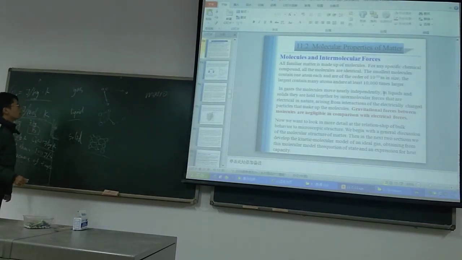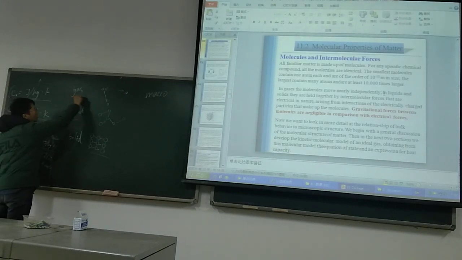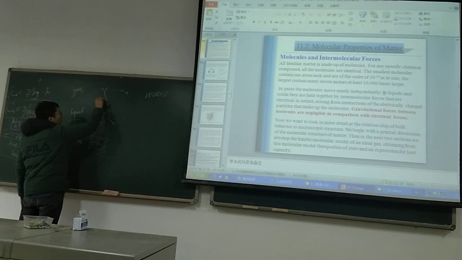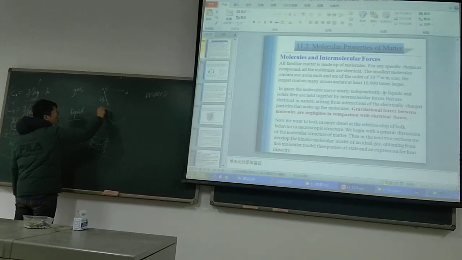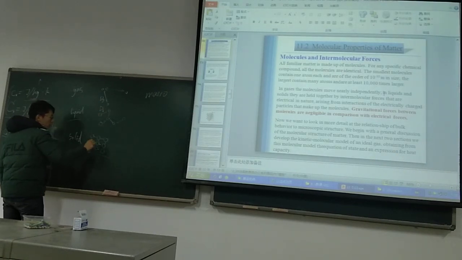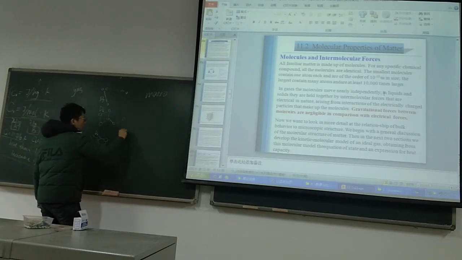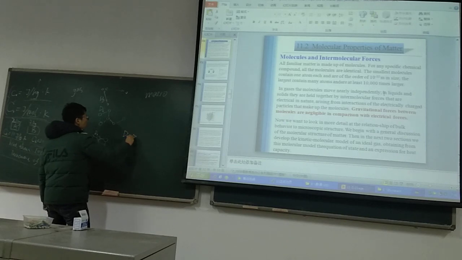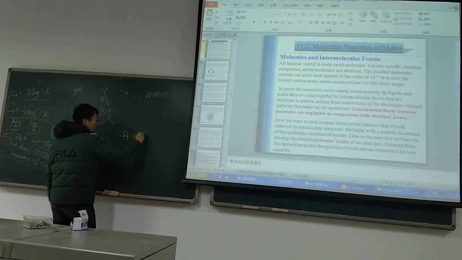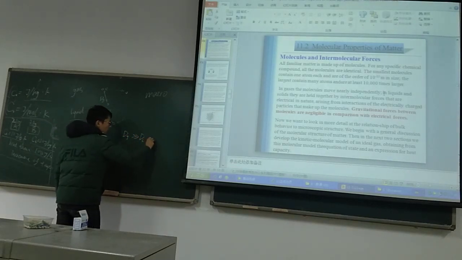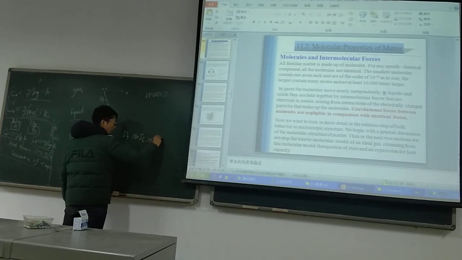Among the three kinds of phases, the molecules of gas have the largest distance. The liquid is in the middle. For solid, the distance is even closer. The gas distance is much larger than in the liquid, and much larger than in the solid.